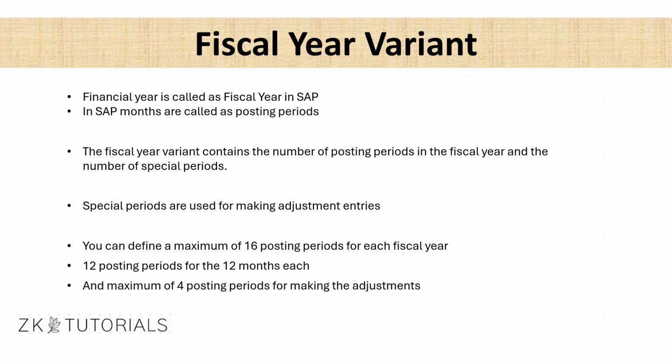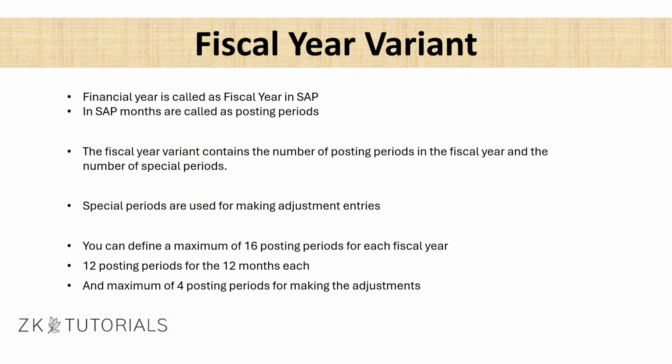Which period? That will be 1 year. Whether it might be from January to December or April to March or June to July, it might vary based on the countries. In India, it is April to March. In America, it is January to December. So this is called as financial year.